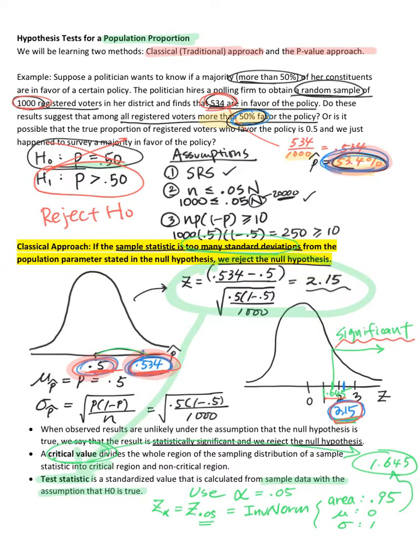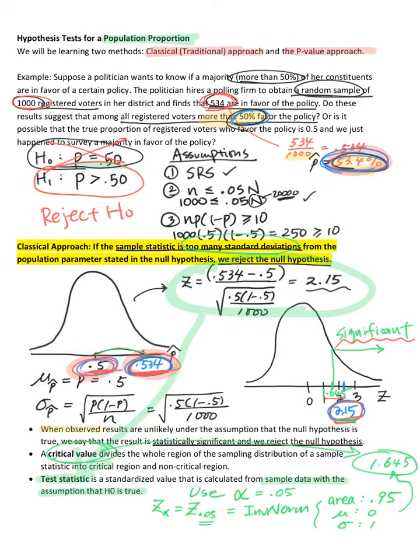But the fact that we did get 53.4% tells us that the null hypothesis of P equals 0.5 was likely to be a false assumption to begin with. So that's why we reject the null hypothesis and support the claim that more than 50% favor the policy. Okay, so here's the definition we just used.